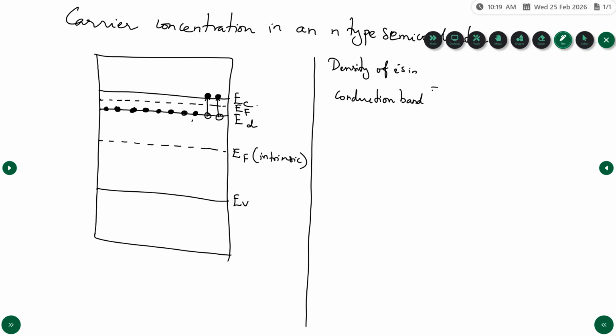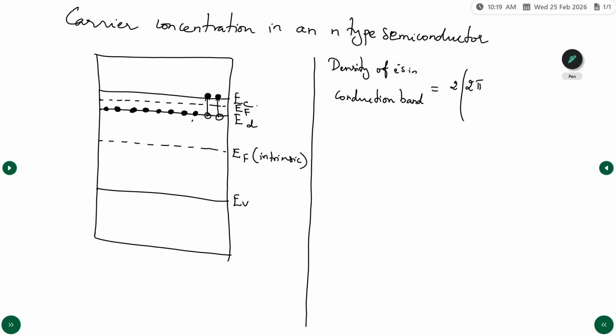That is equal to 2 into (2 pi me star kB T by h square) power 3 by 2 into exponential of (EF minus EC) by kBT. Put this as equation number 1.